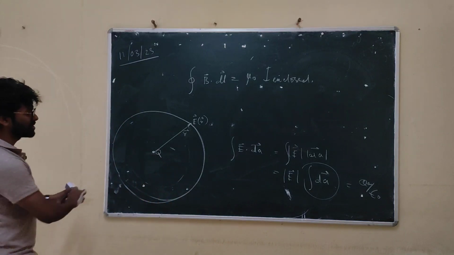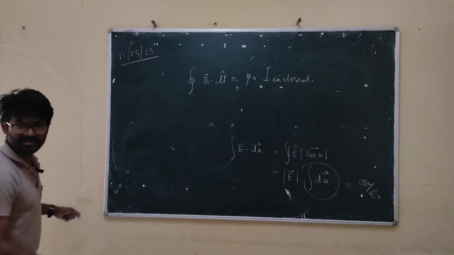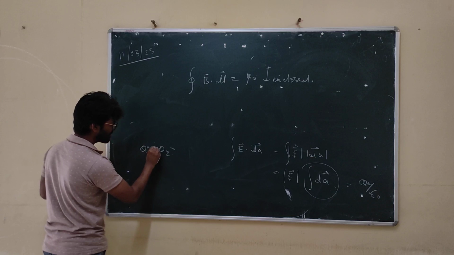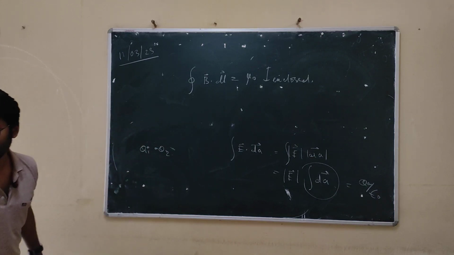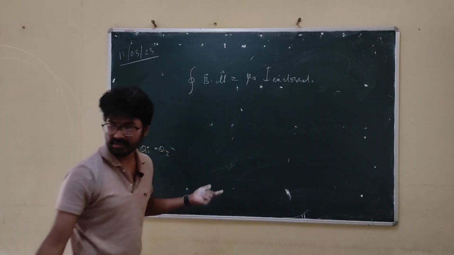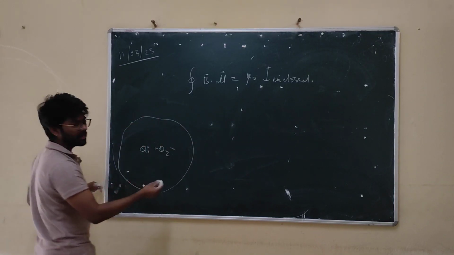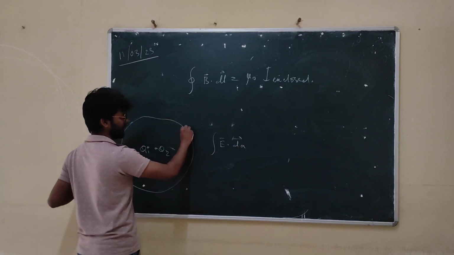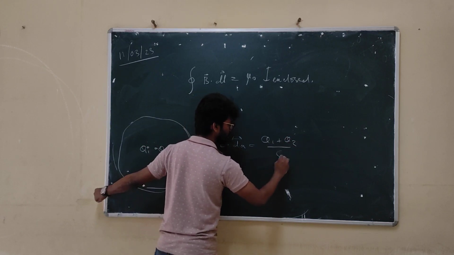But you put another charge and you can't use it anymore. There are two charges, let's say Q1 and Q2, with slight separation between them, and you can't use Gauss law anymore. Of course, Gauss law is always true. So if you had a surface, E dot dA on this surface is still Q1 plus Q2 by epsilon naught.